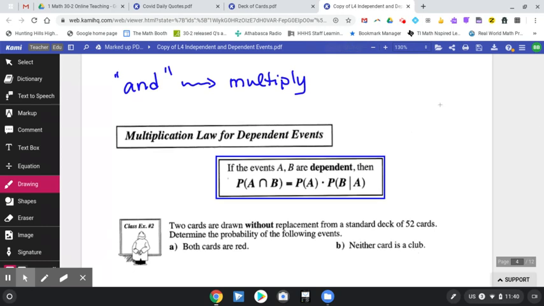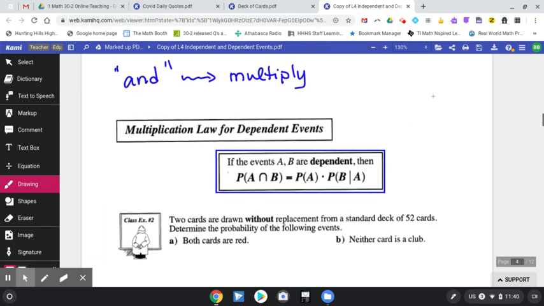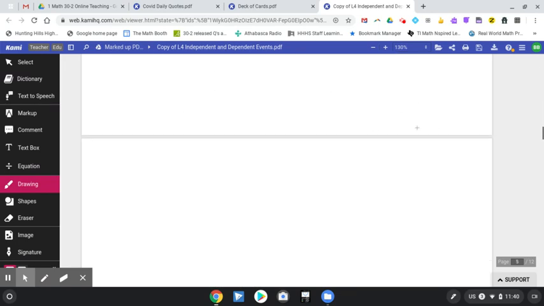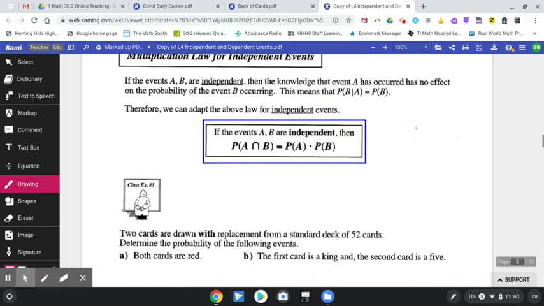And in our workbook, we're going to have two different formulas. So we see that the formula right here is for dependent. And if we flip ahead a page or so, now we see this one that is independent. But take a look at them.